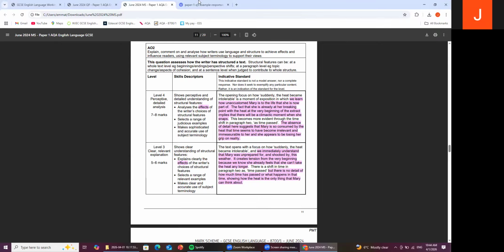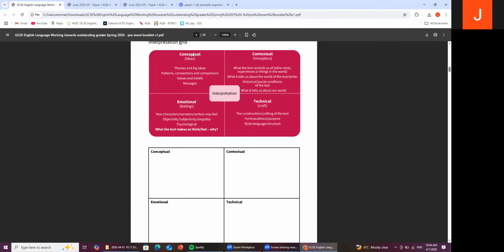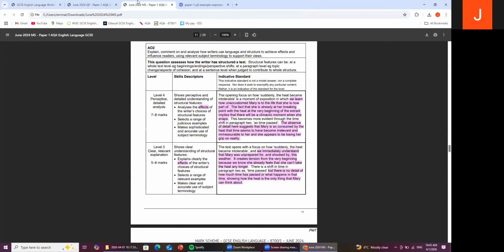But what they're also doing is thinking again about the technical, contextual, conceptual and emotional aspects, a psychological assessment there of Mary. And again, for the top level marks, this is what the examiners are looking for, the interpretation, these kinds of questions being asked. So really help yourself out by focusing on those.